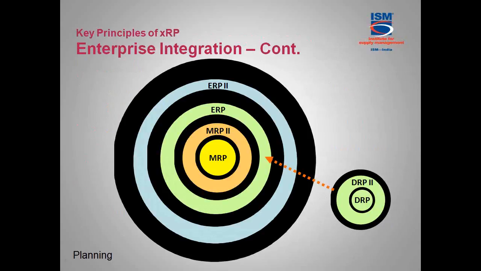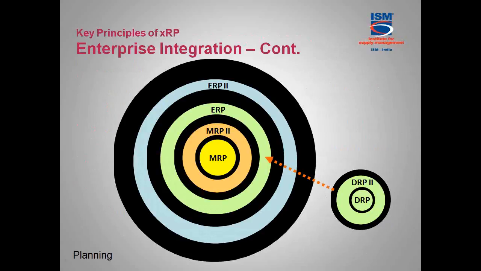Slowly people came out with another concept called MRP2. The benefit was that they were doing the material requirement for operation purposes through MRP, but at the same time they were doing the financial calculation on the basis of MRP2.